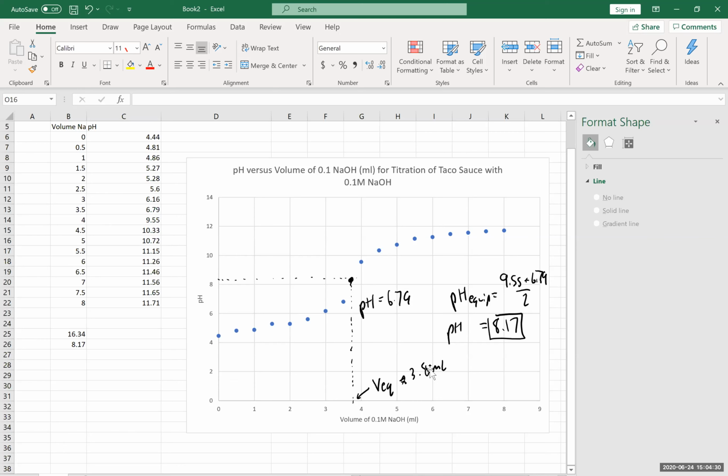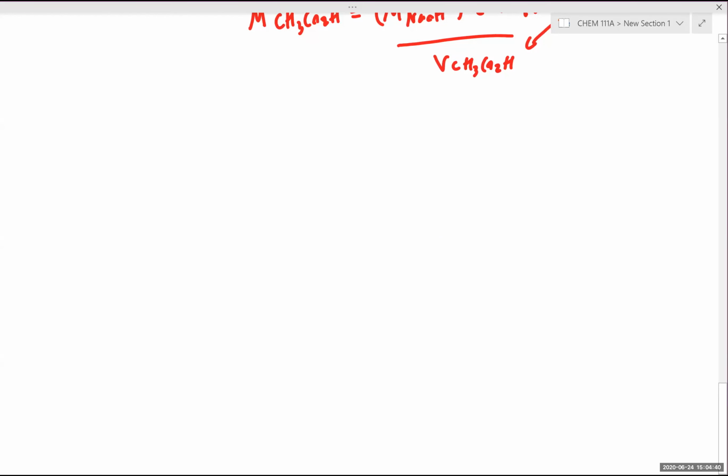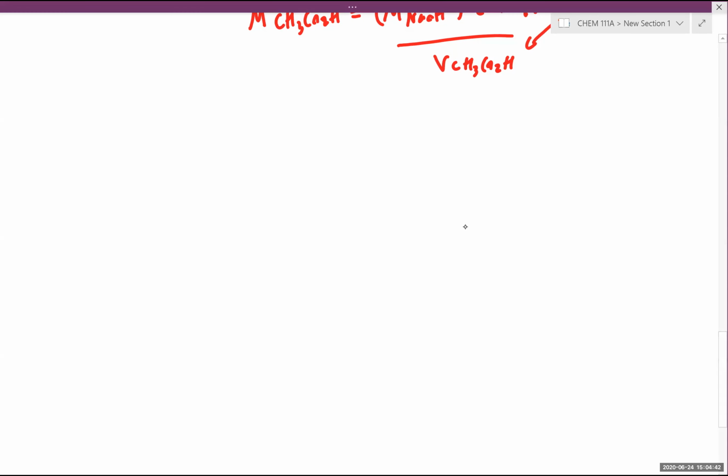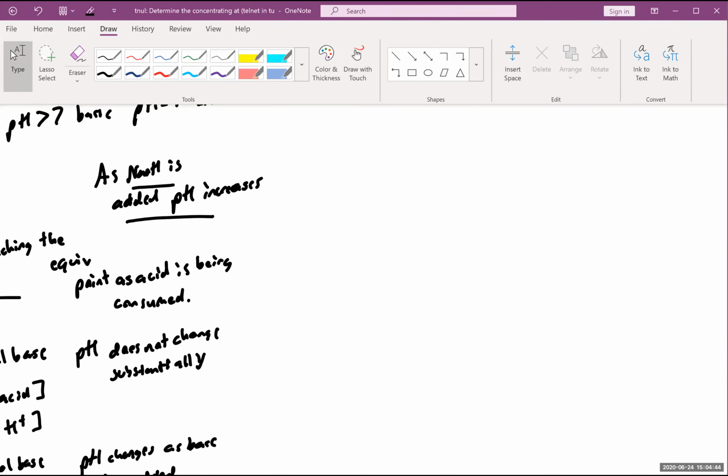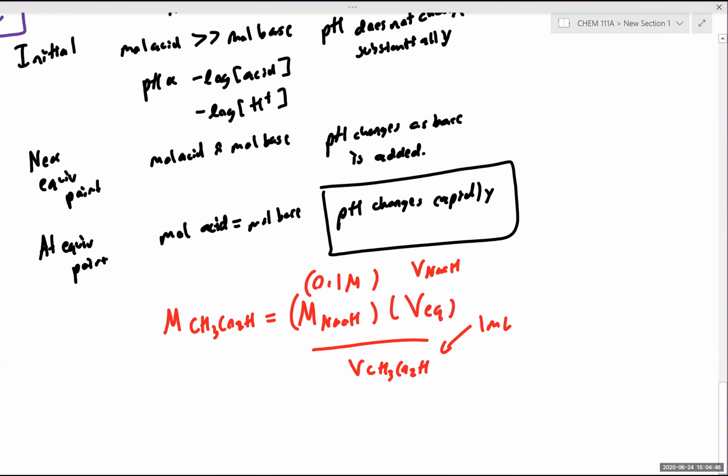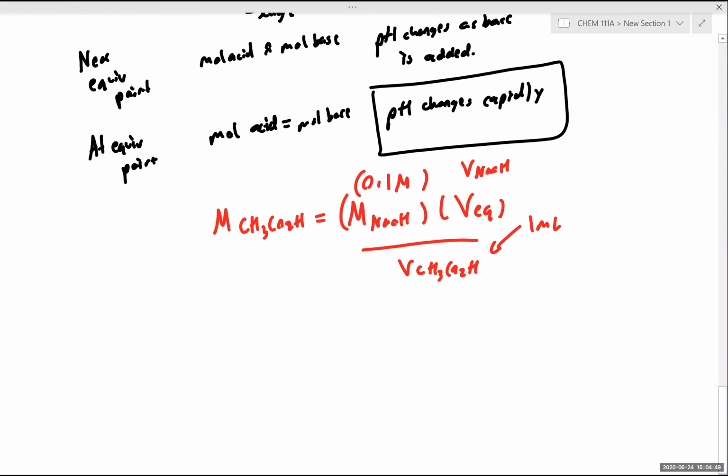So now that we have this data compiled, let's go back to our calculations. Let's share our OneNote page and complete our calculations for this experiment.